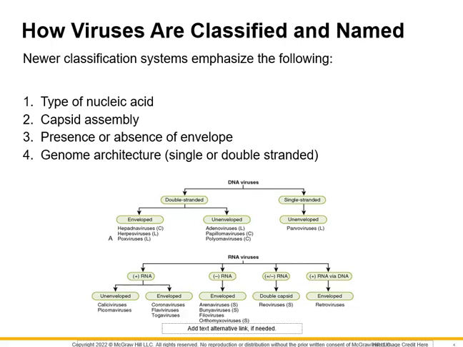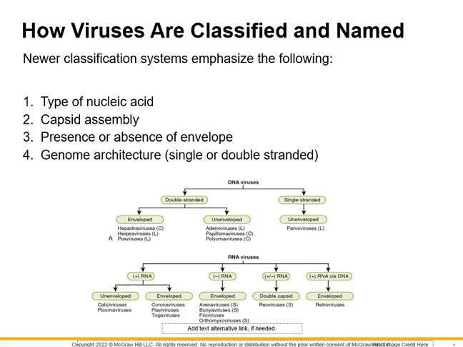Now, how are viruses classified and named? So there's what's called the International Committee on Taxonomy of Viruses. There's a whole committee that works on developing the criteria and the naming conventions for viruses. And that's to help to limit confusion. Because before this committee ever came around, it was a little bit haphazard and often misleading the way the viruses were named.